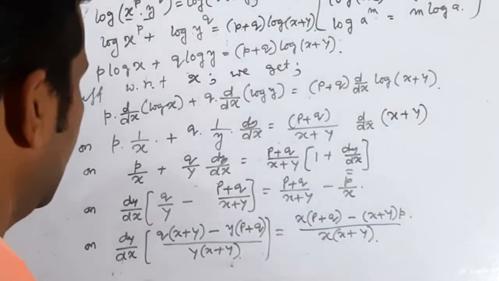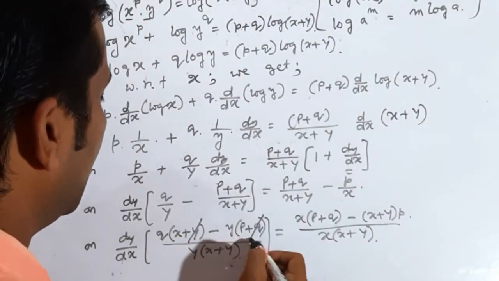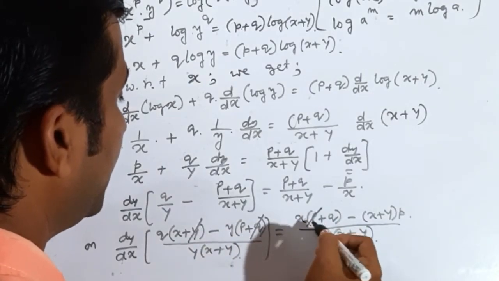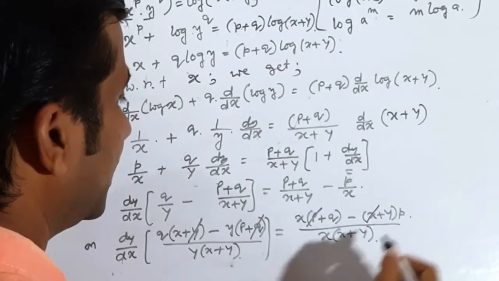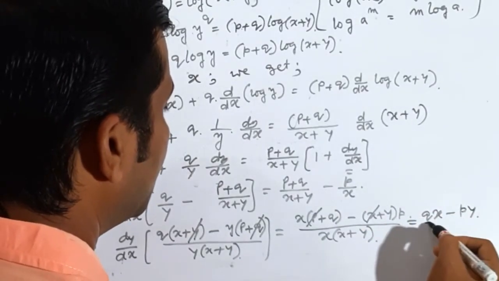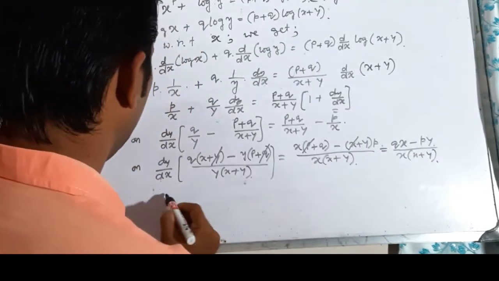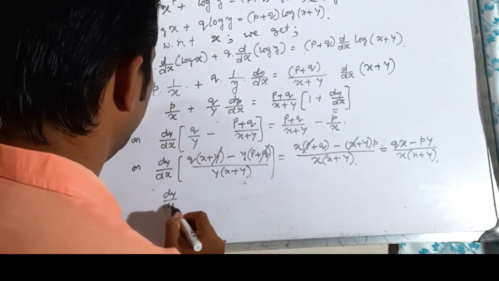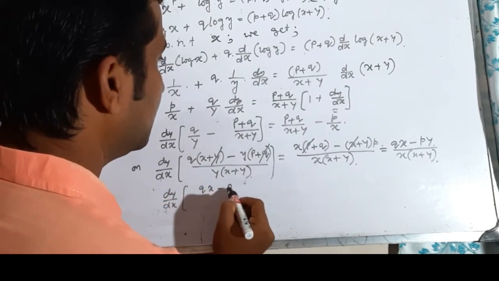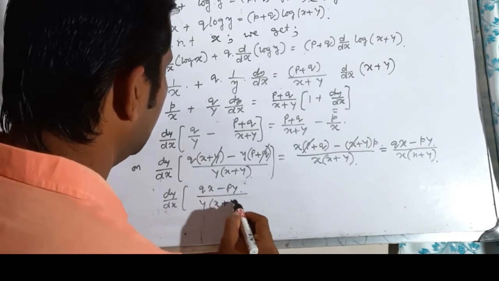Cancelling, we get qy and minus qy, px minus px. We get (qx - py) by y(x+y) on the left, and on the right (qx - py) by x(x+y).